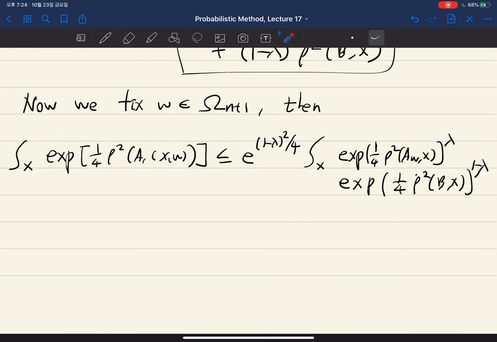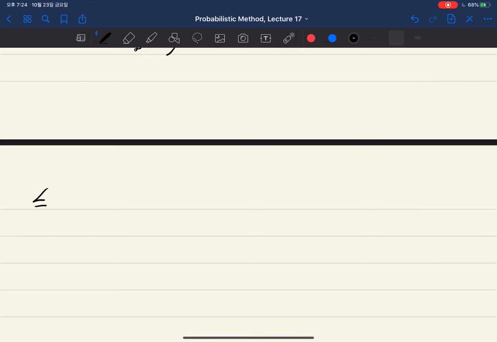Now if we have an integral and you multiply it with this power, there is an inequality that we can use, Holder's inequality. Use that this is at most, you can divide the integral into these two.